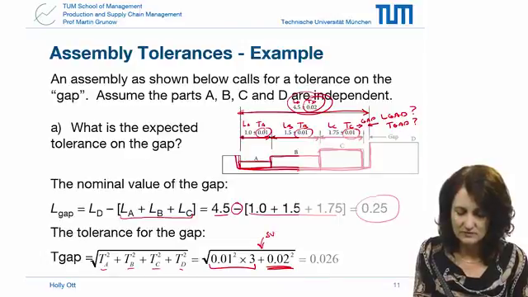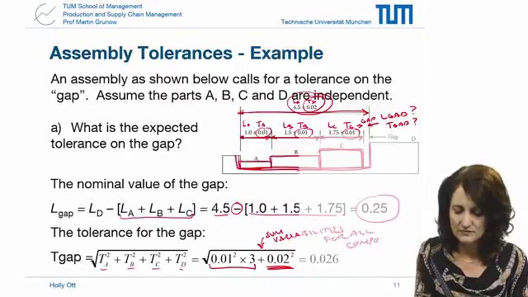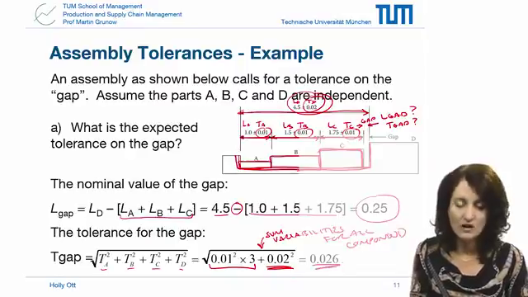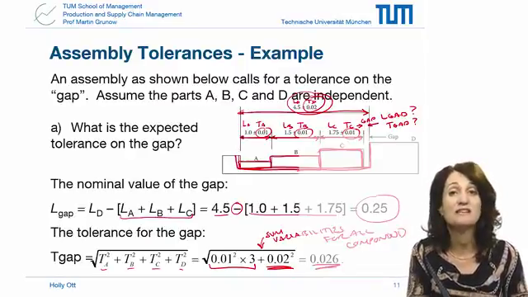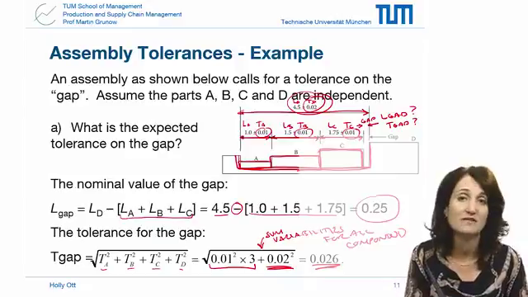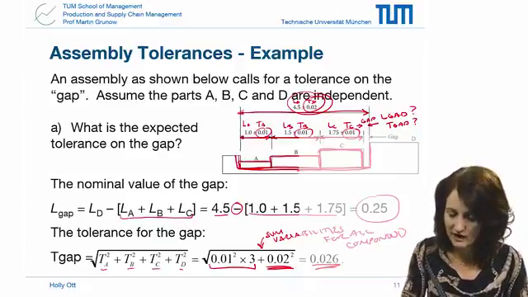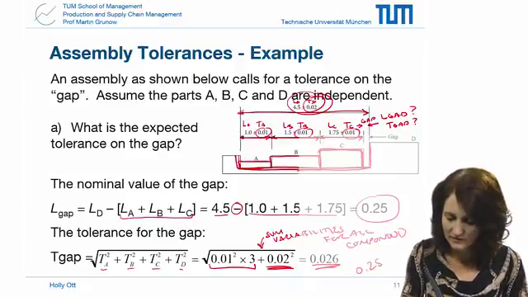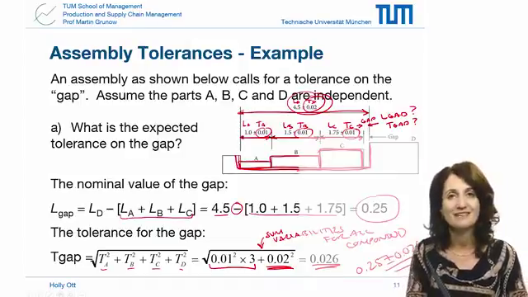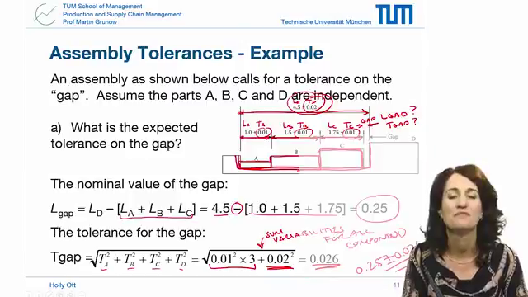Here we have to sum the variabilities for all components. And we get the value of 0.026. So this means the gap will be able to meet a specification of 0.25 plus or minus 0.026 in total.